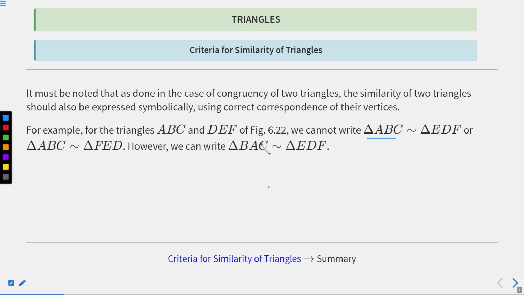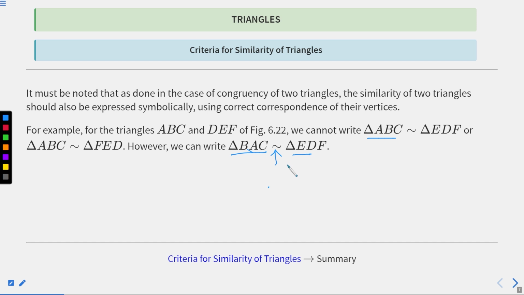However, we can write triangle BAC is similar to triangle EDF. Here this tilde symbol is used for is similar to.